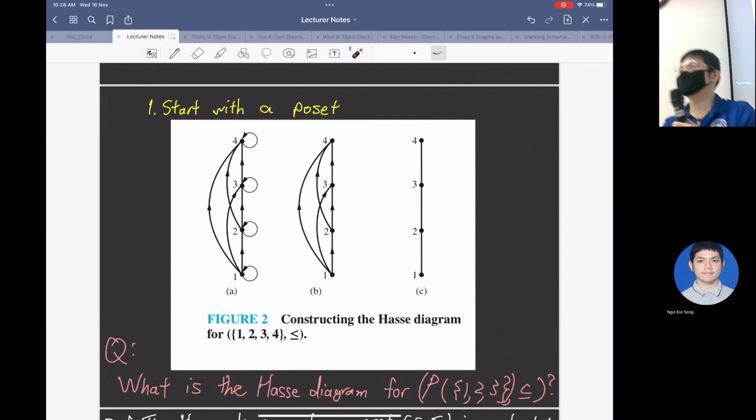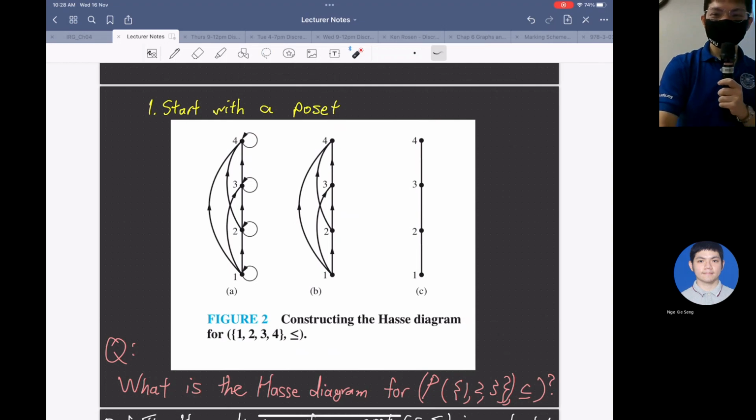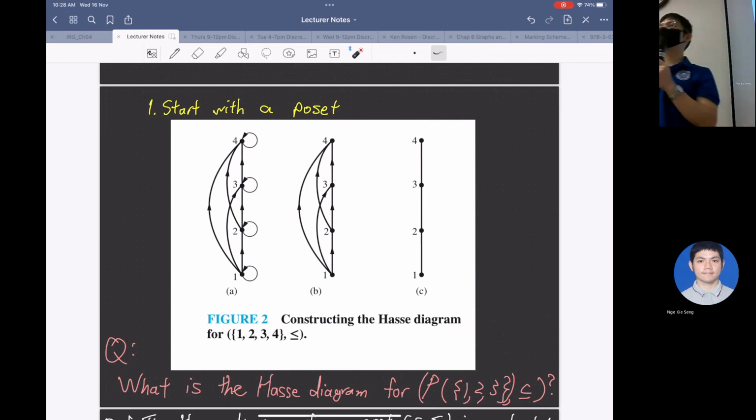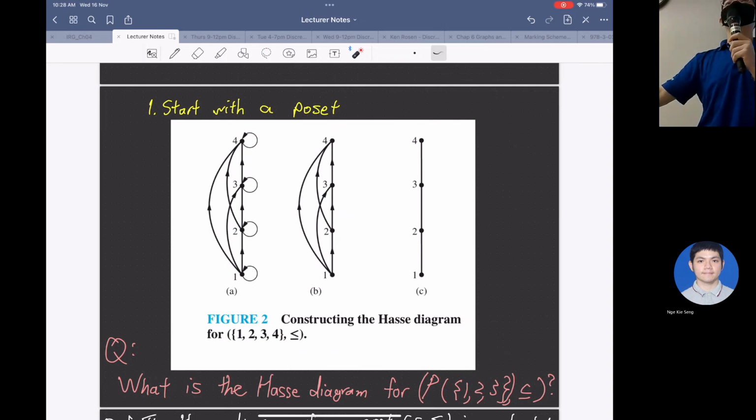What, Hector? Got answer for the diagram? Got do or not? What's the diagram? Oh, okay. Wait.